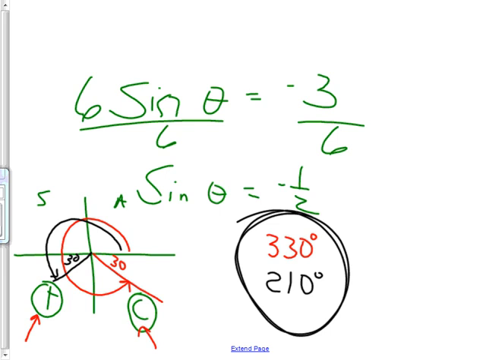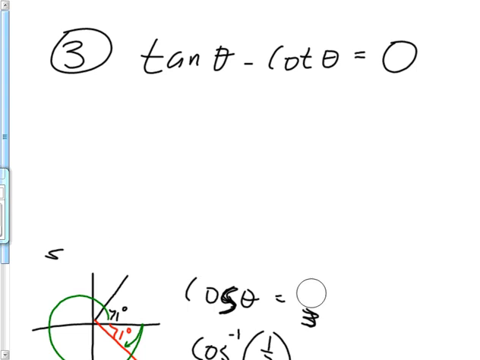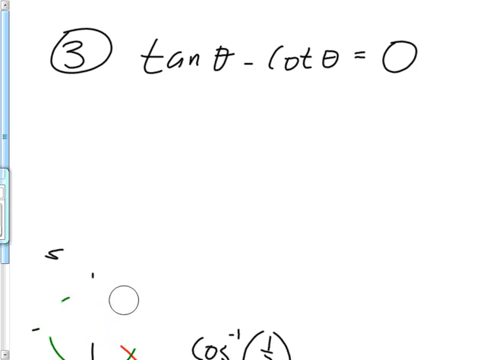Now, if we have one like the one I started with there, probably a little too aggressive to start with, then I need to get it down so that it only has one function in it. Can you think of anything I could do so that it would only say one function? Switch cotangent to 1 over tangent.